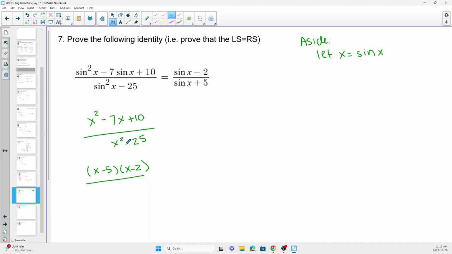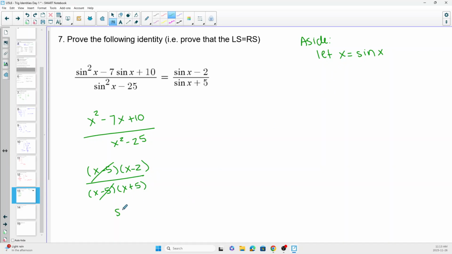And then this is a difference of squares as well. So we have x minus 5 and x minus 2, I'm just rewriting the numerator, and x plus 5. And we could even do some canceling while it's still been substituted. But at this point, we're left with x minus 2 and x plus 5, and we said that x is sine x.